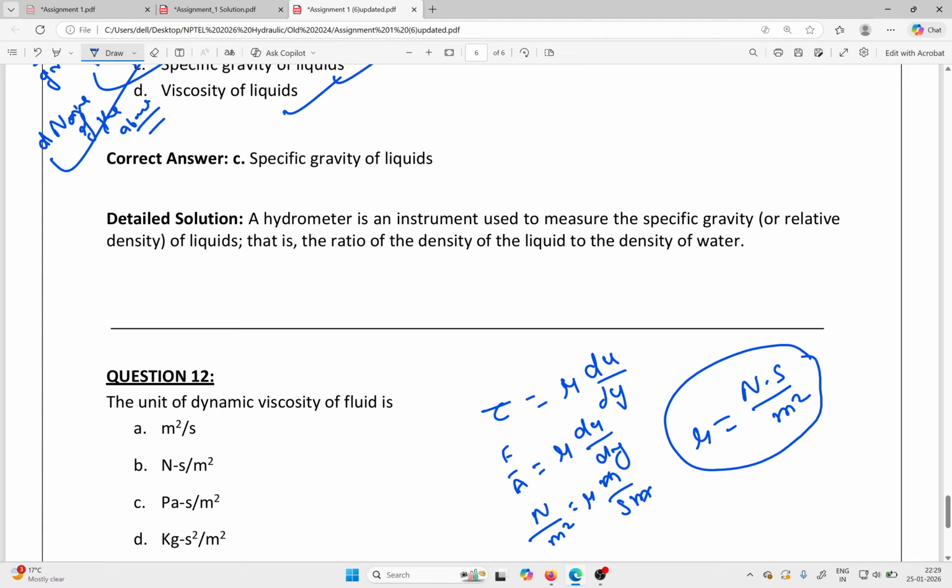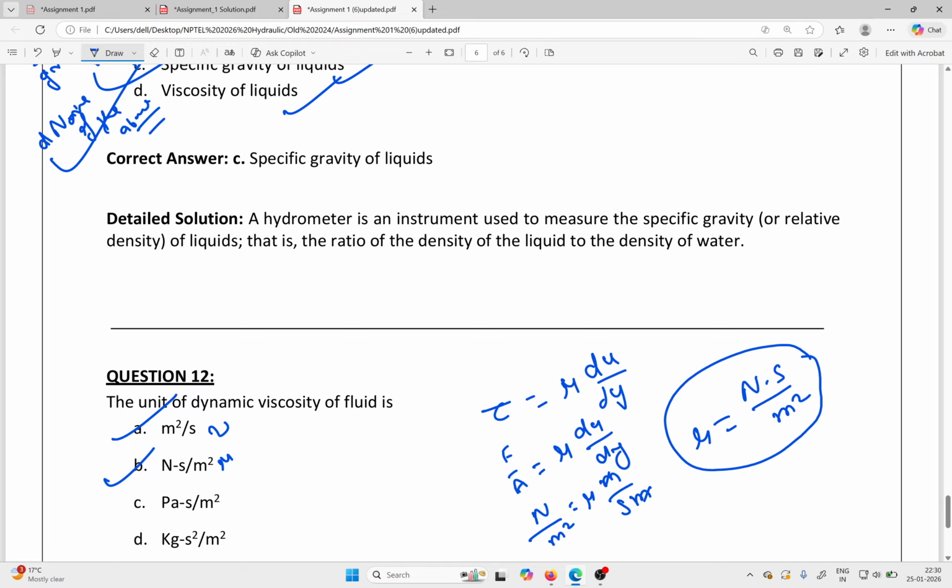So which option is correct? Newton second per meter square. Option B is correct here. The unit of meter square per second is for kinematic viscosity. This is your dynamic viscosity. What about Pascal second per meter square? Is it possible?